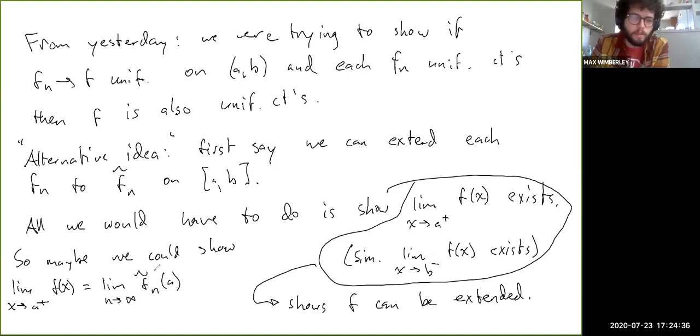Or something like that. I didn't have a super concrete plan. I think this was the idea I had in my head, but there are actually other possible things you could do too. Instead of even showing that these one-sided limits exist at all, you might just be able to show that the extensions themselves converge uniformly.